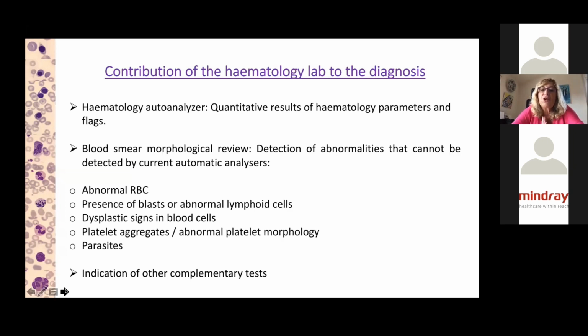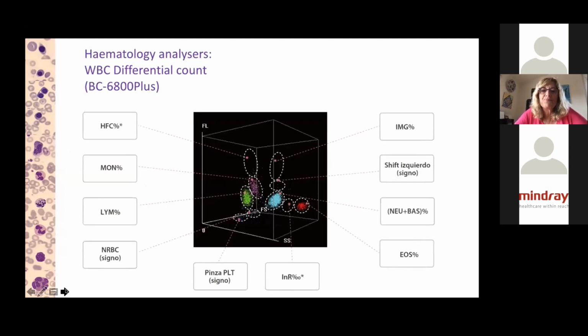Blood smear morphological review lets us detect abnormalities that cannot be detected by current automatic analyzers, such as abnormal red blood cells, presence of blasts, abnormal lymphoid cells, dysplastic signs in blood cells, platelet aggregates, abnormal platelet morphology, parasites, and so on. And this information is useful for the indication of other complementary tests for the diagnosis.